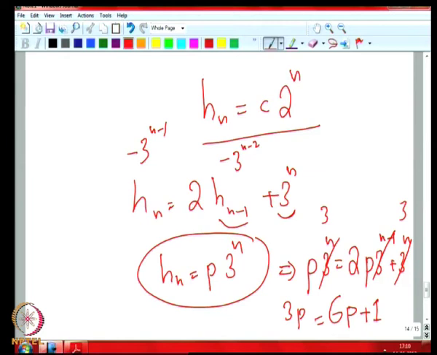This is 2 times 3 raised to n minus 1. This is 3 times 3 raised to n minus 1. So once again, I don't know.